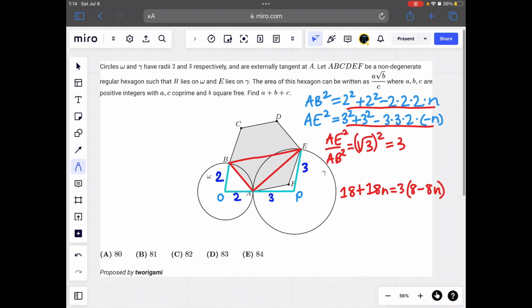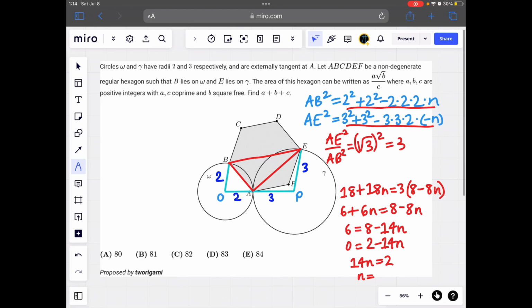8 minus 8n. So dividing by 3 on the left side and right side, we get 6 plus 6n equals 8 minus 8n. Now subtracting 6n from both sides, we get 6 equals 8 minus 14n. And now subtracting 6 from both sides, we get 0 equals 2 minus 14n. 14n is equal to 2.